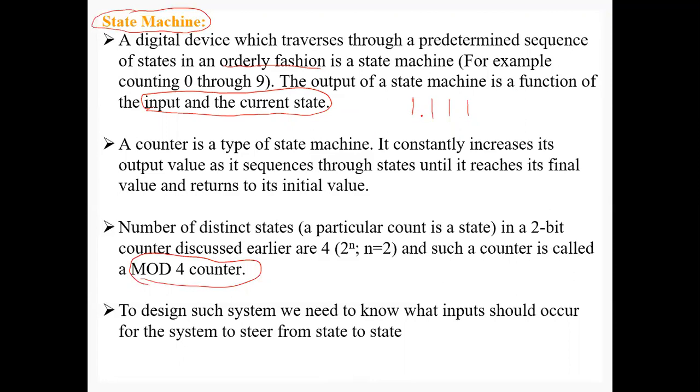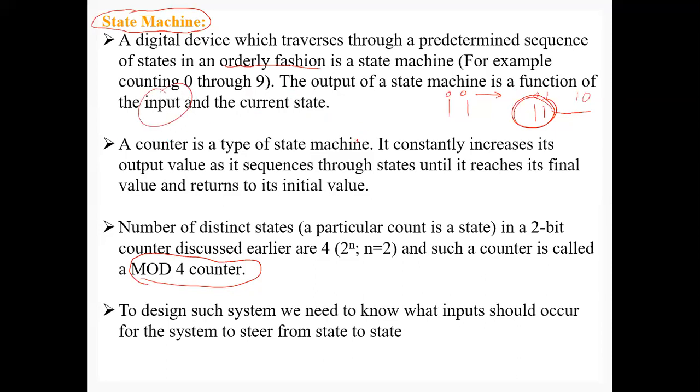If the current state is 0 0, then the next state will be 0 1. The next state depends on the current state, and it depends on the input also.